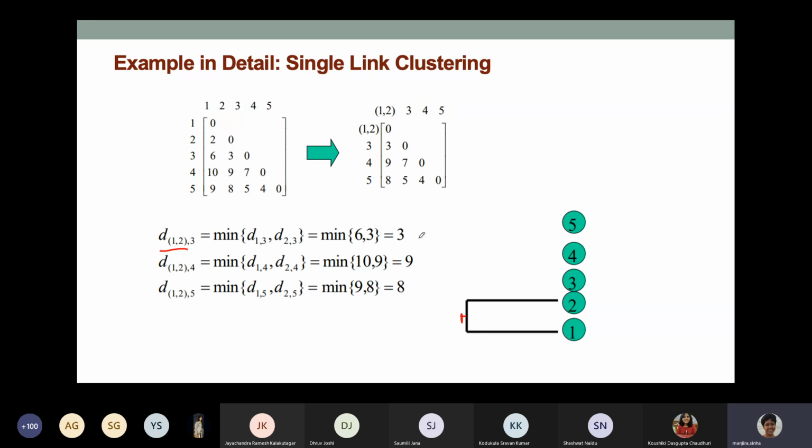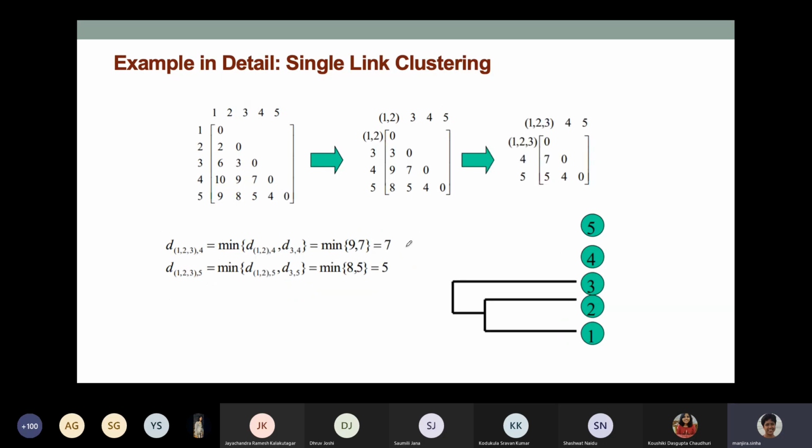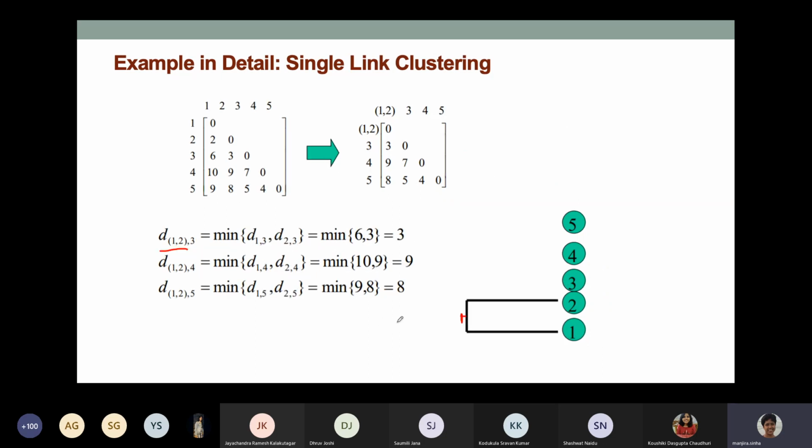So now again, which 2 clusters are most similar? This one, right? Because this has the least distance. So we will connect like this. Okay. So now my cluster becomes D123. Now I need to consider this node. So can you see it once, just check that you are able to understand this step, and ask me if you have any question.